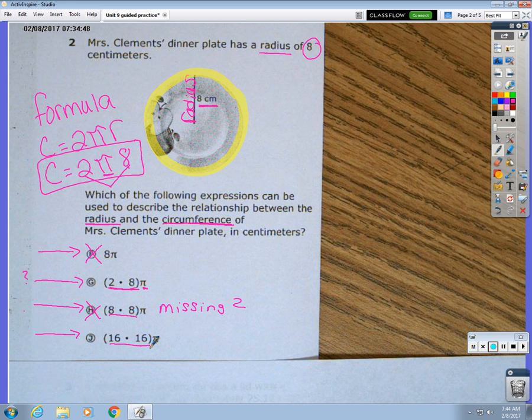So answer choice J is missing the 2 and the radius, which would be 8. It looks like, since they have 16 and 16, that they found the diameter, because the diameter of that circle would actually equal 16 because the diameter is 2 times the radius. So our answer is going to be answer G.